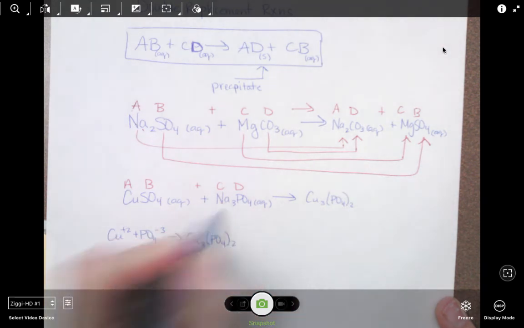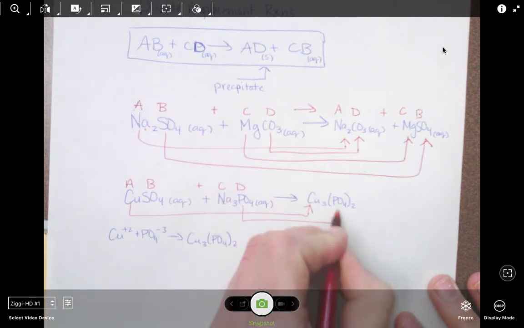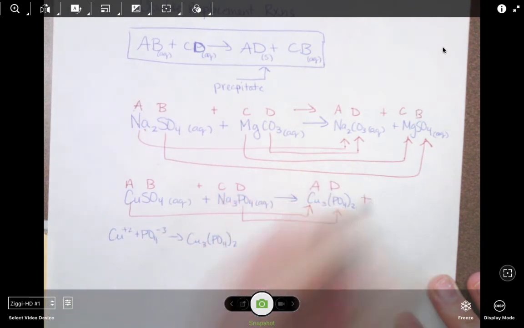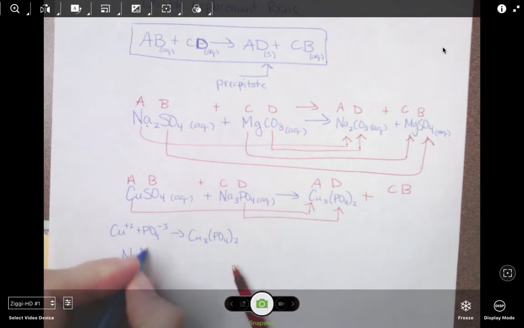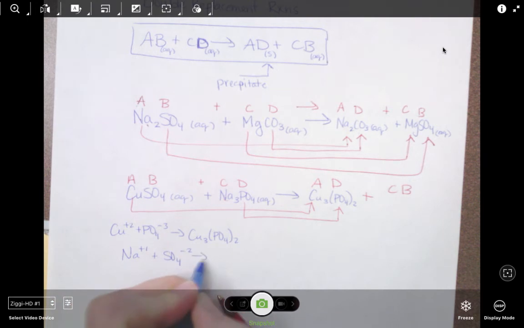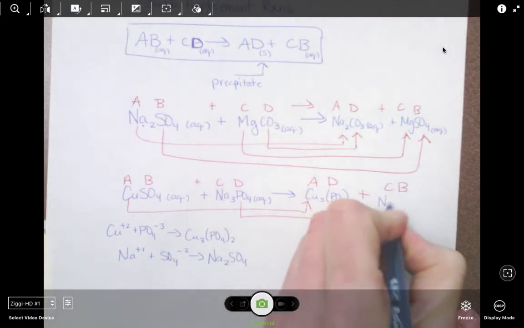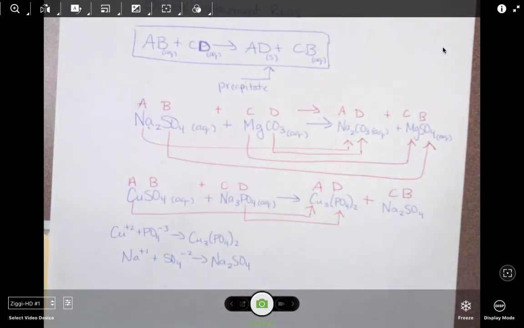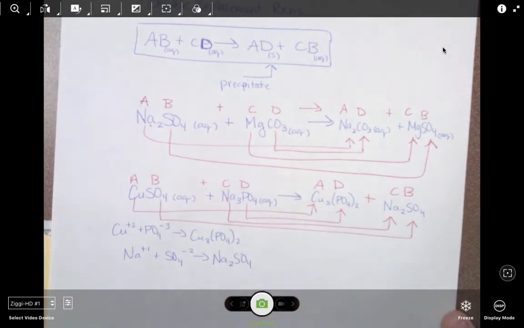And then copper is A, phosphate is D. And then I know that C and B are going to combine. C is sodium, and B is sulfate. So I'm going to end up with sodium sulfate, which is C and B.